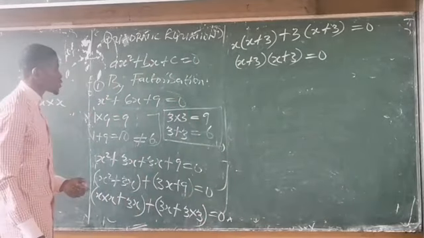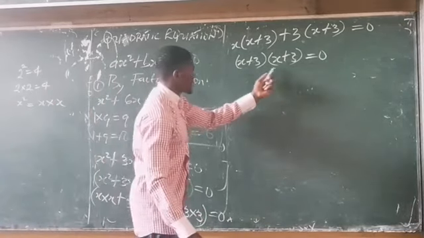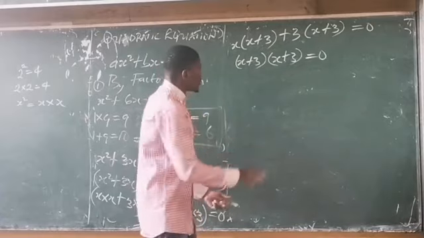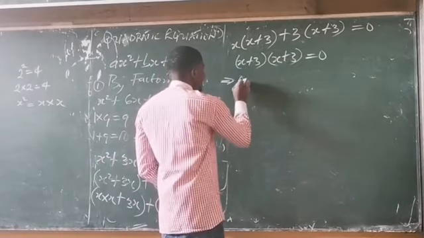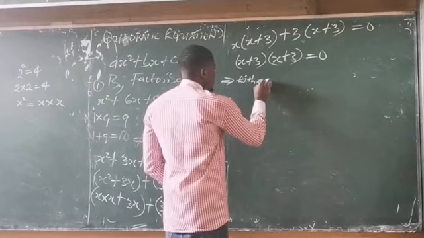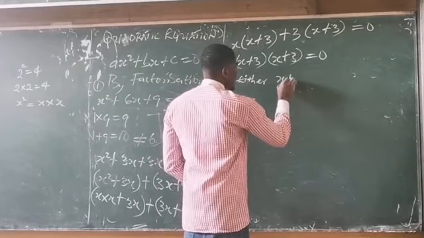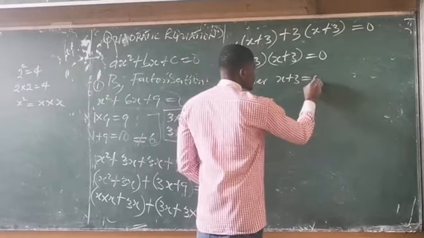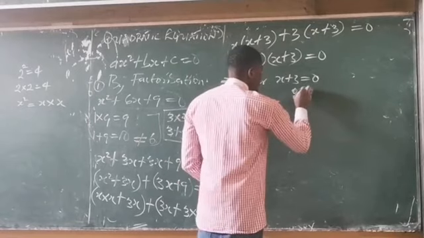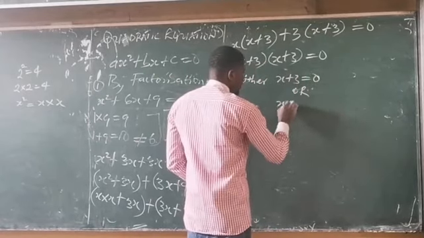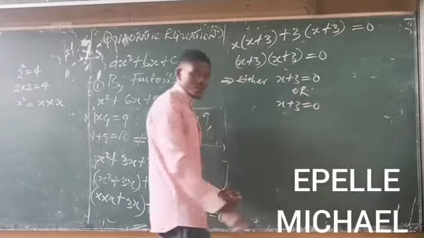And from quadratic equation, if 2 terms are equal to 0, it now implies that either x plus 3, the first one, is equal to 0, or the second one, x plus 3, is equal to 0.